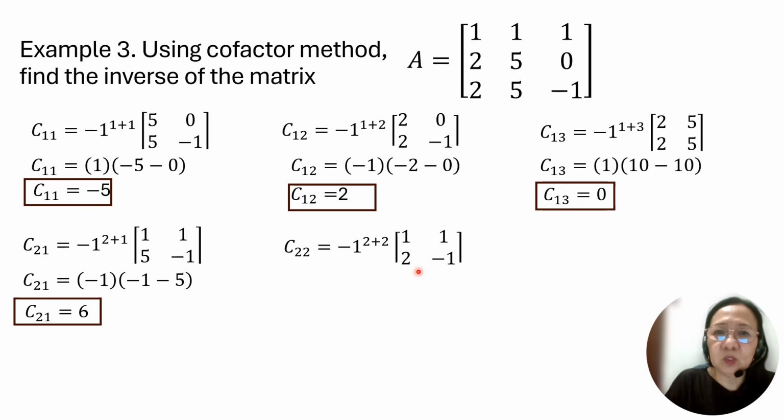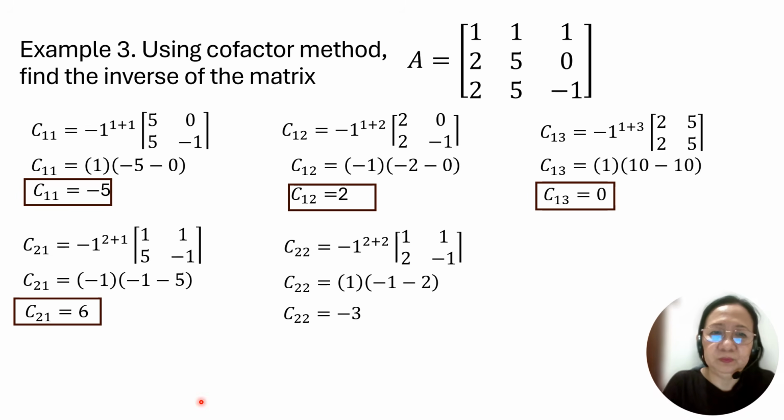Negative 1 is raised to 4, and that is a positive 1. And then multiply 1 times negative 1, which is negative 1, minus 2 times 1, which is 2. So negative 1 minus 2 is negative 3, times 1, we have negative 3.